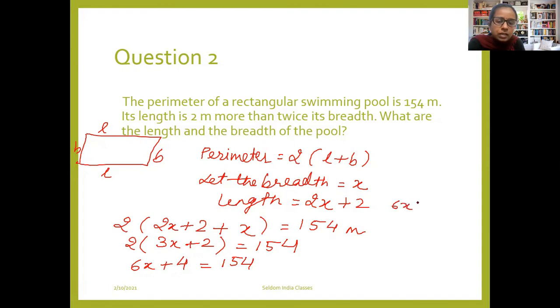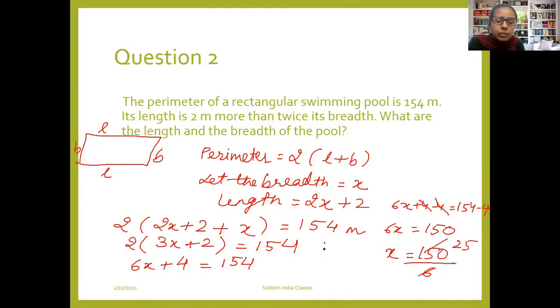Now 6x plus 4 minus 4, subtracting 4 from both sides. 6x equals to 150. 4 से 4 cancel and 154 minus 4 is 150. So x equals to 150 divided by 6, that is 25.